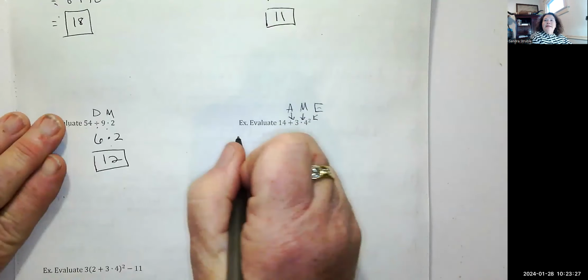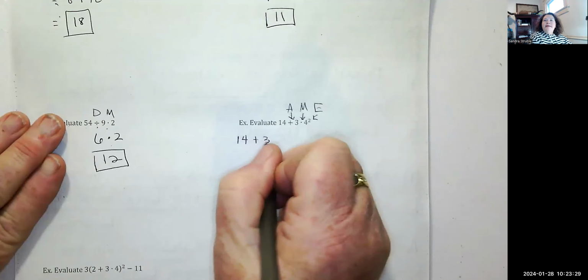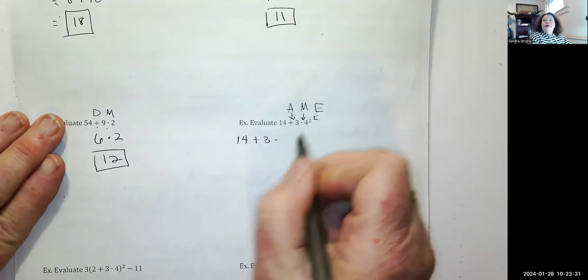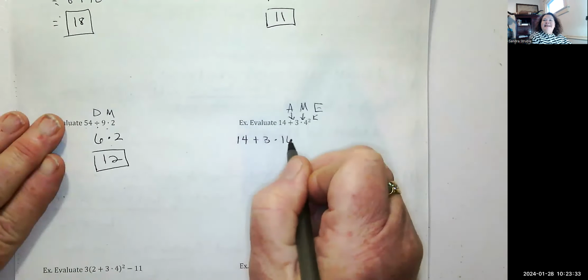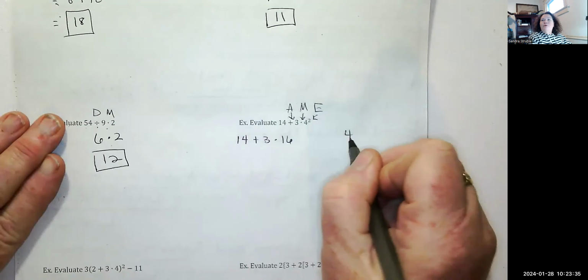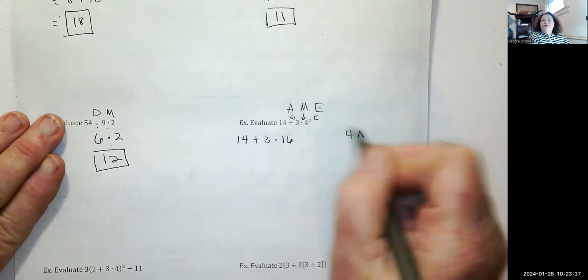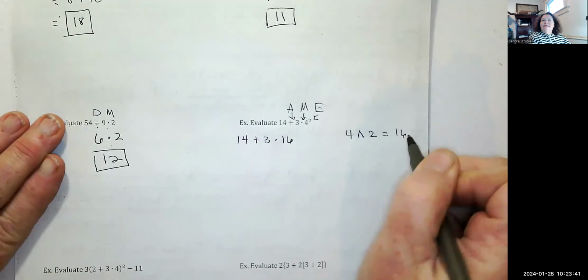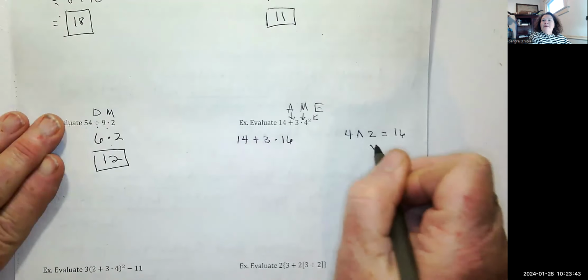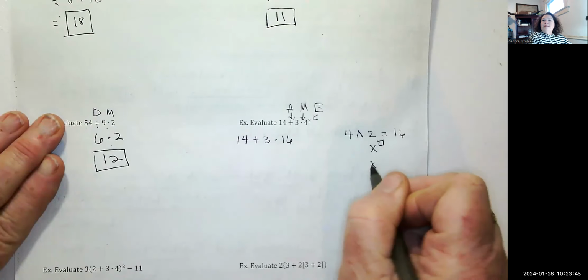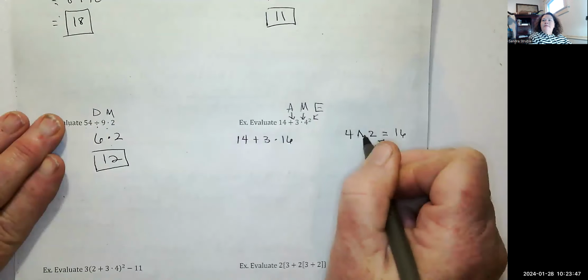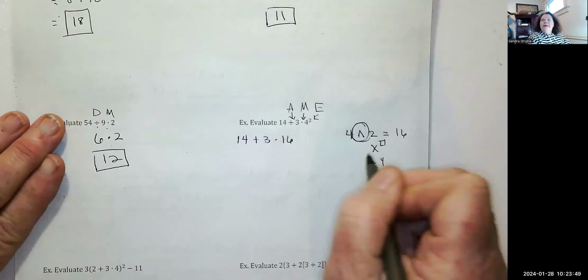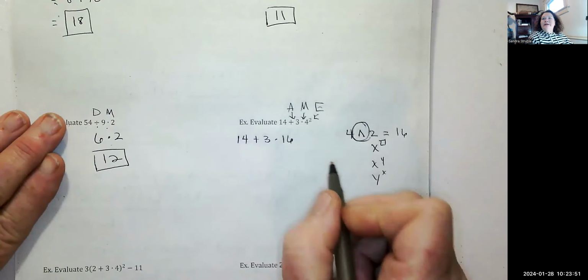So to evaluate this, 14 plus 3 times 4 squared; our exponent, 4 squared, is 16. Remember, you're going to use 4 caret 2 equals in your calculator to get 16, okay? Or you may have x to the box, or x to the y, or y to the x. They are all being represented by my caret here. I'm just not going to be saying this every time.